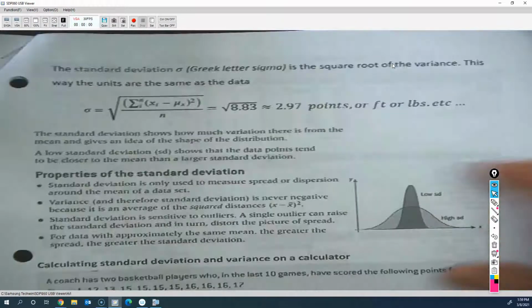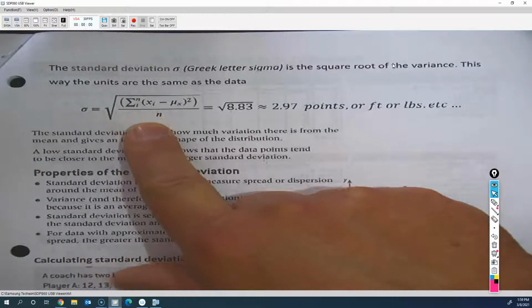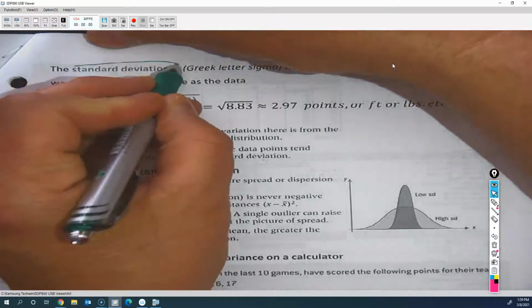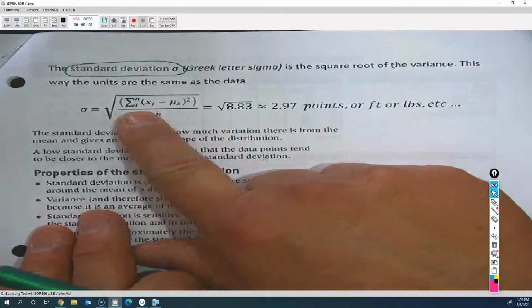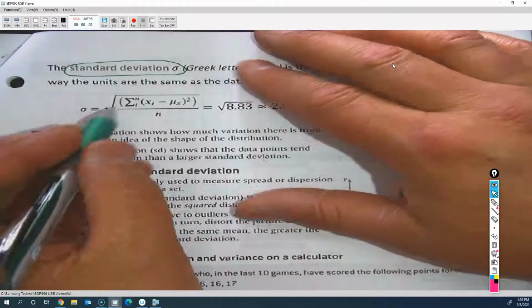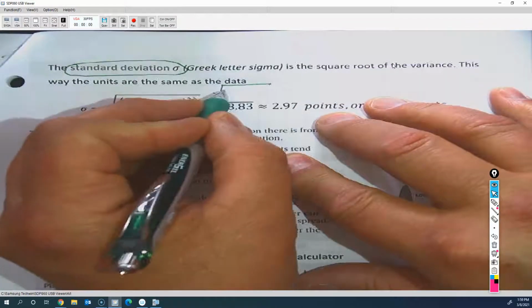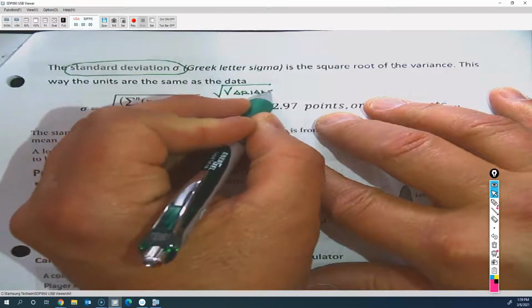So all this formula is here is the symbol for standard deviation. It's just the Greek letter sigma. To get it, you do the square root of the variance.